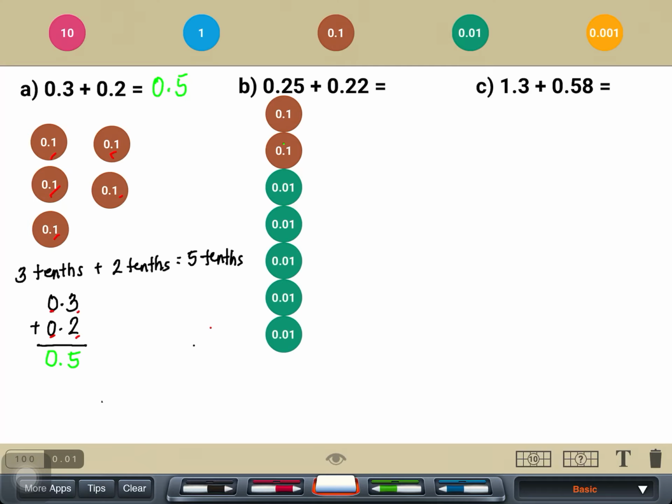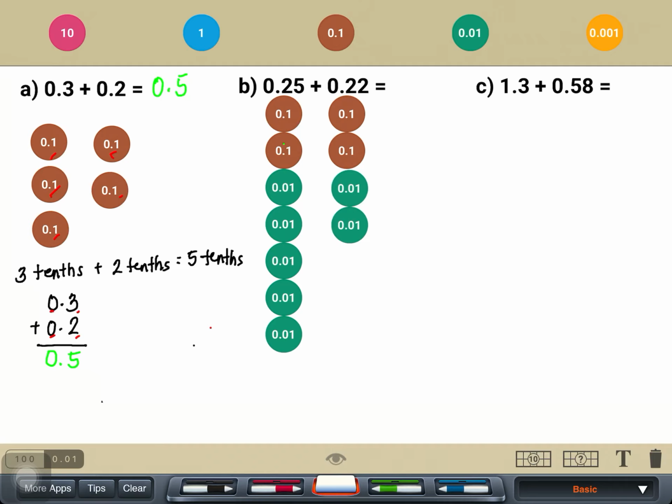Okay, and in the 22 hundredths we have 2 tenths and 2 hundredths.